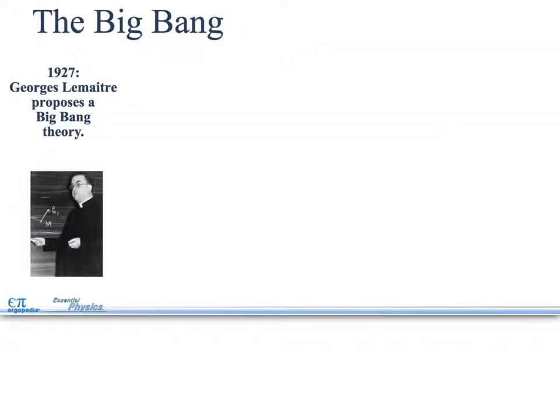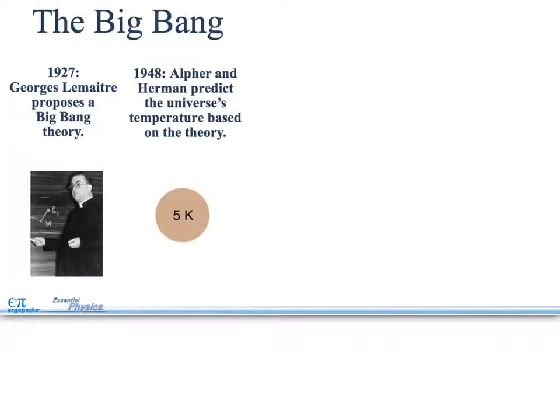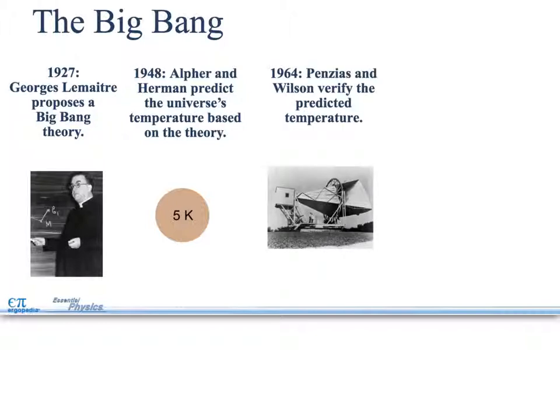All right. We have Lemaitre, who proposed the Big Bang Theory. And from that, Alpher and Hermann predicted the universe's temperature based on that theory. Then Penzias and Wilson verified the predicted temperature from this theory. You can see the timeline. We started in 1927, went to 1948. Now we're in 1964.